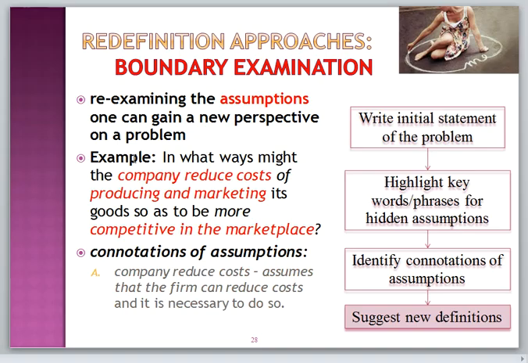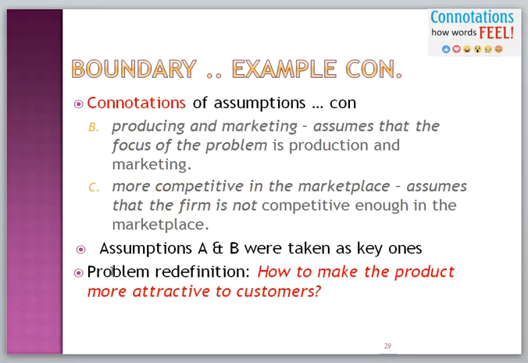After studying A, B, and C, it was thought that A and B were taken as the key. We will neglect C. Then a redefinition for the problem is how to make the product more attractive to customers.